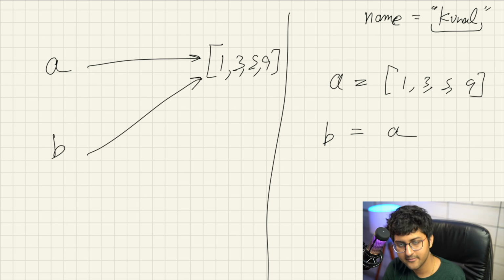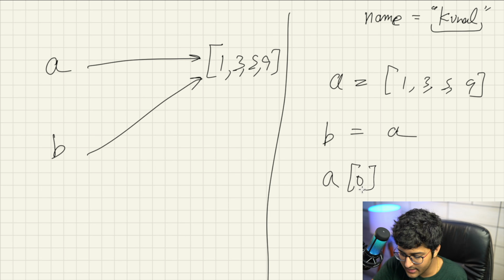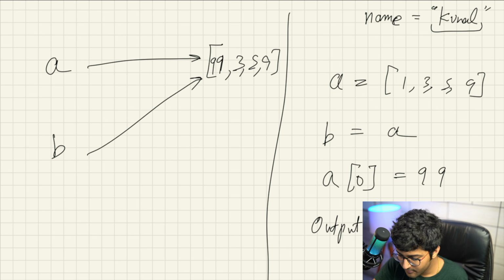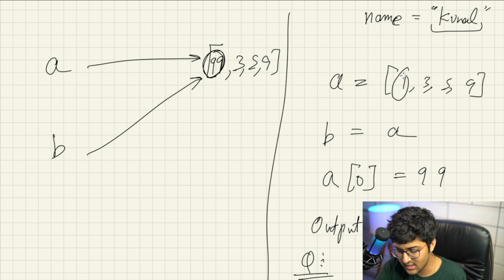Very simple stuff. Now if you make a change via A, if you say the 0th element of whatever A is pointing to should be 99, this will be changed to 99. Now when you display output B, my question to you is: is B also going to show this updated 99, or is it going to show the original one?